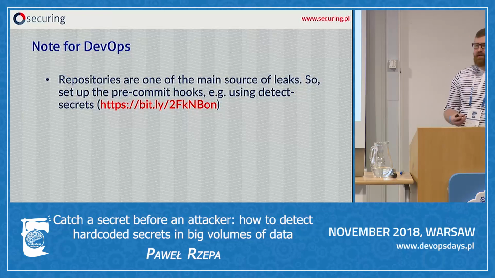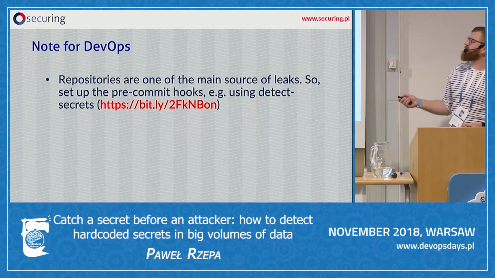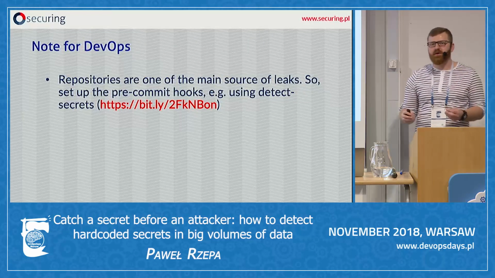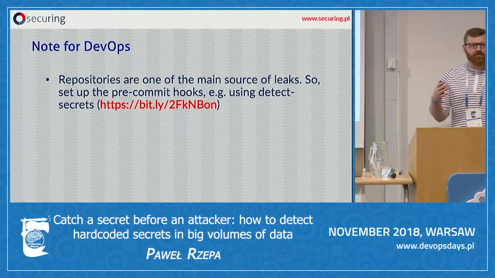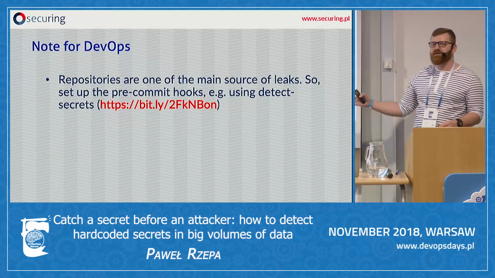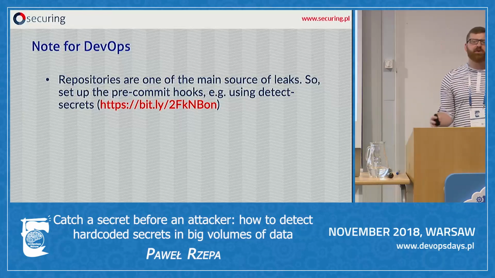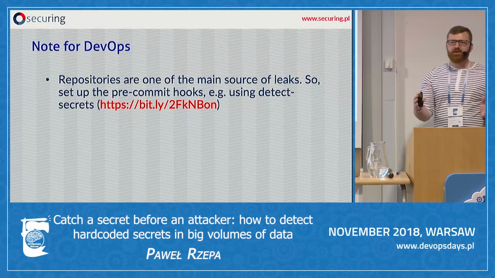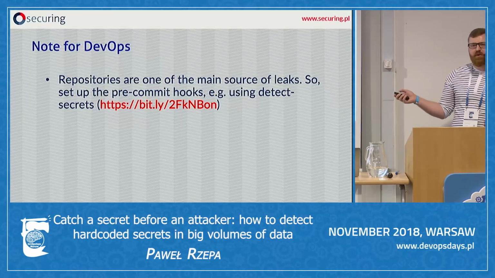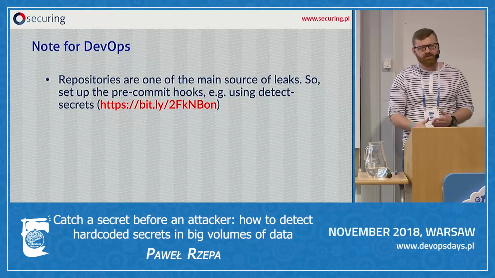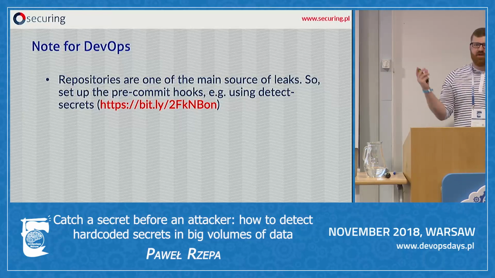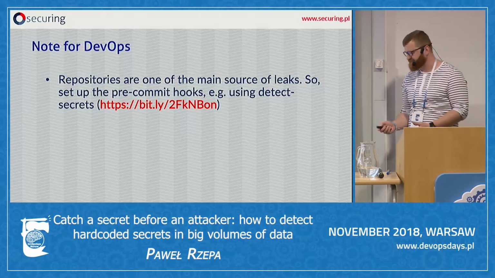They also support regular expressions, and you can specify pre-commit hooks, which is super because you are configuring the pre-commit hooks on the server side. So every developer who is trying to push his code, this new commit is analyzed by the pre-commit hook, and if it contains some secrets, then the push is rejected.